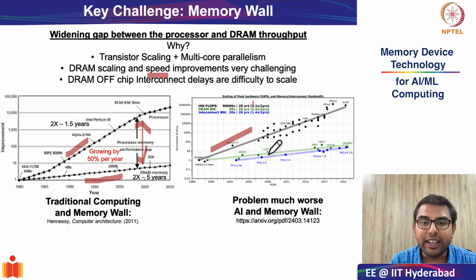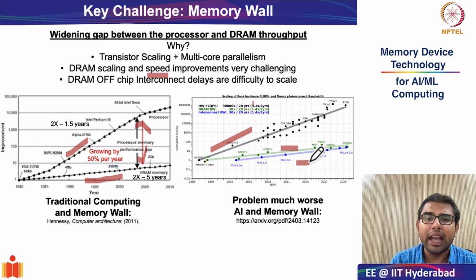However, the DRAM bandwidth is only increasing by 1.4x every 2 years. To make matters worse, the interconnect bandwidth also is not improving much, only 1.4x every 2 years. So this performance mismatch causes an even more severe memory wall when it comes to AI systems.